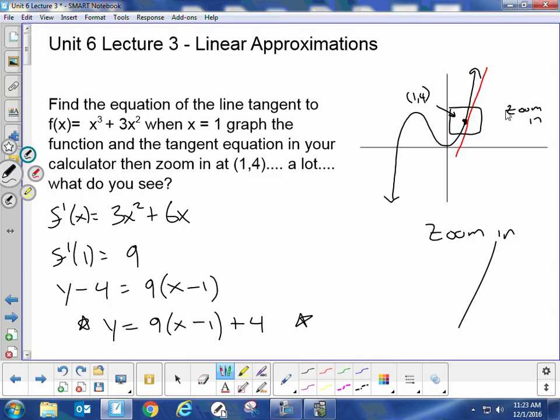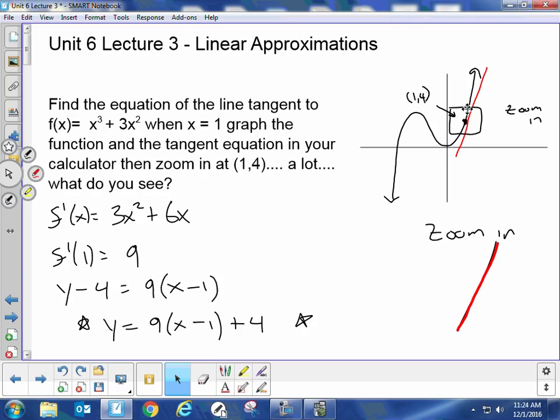And a tangent line that just nicks my graph at one point ends up looking like it's on top of this graph at all of those points. Okay? Now, is it on top of it at every single point? No, it's going to be a little bit off of it.